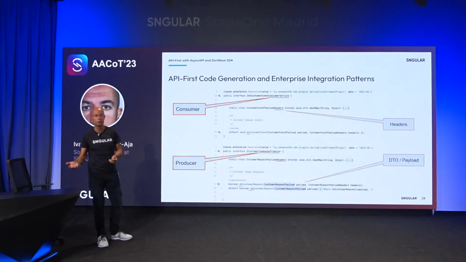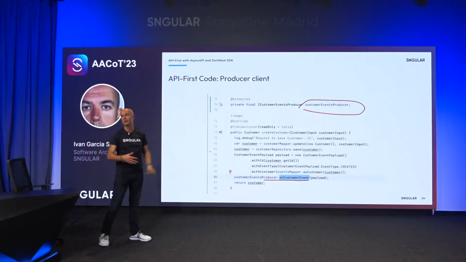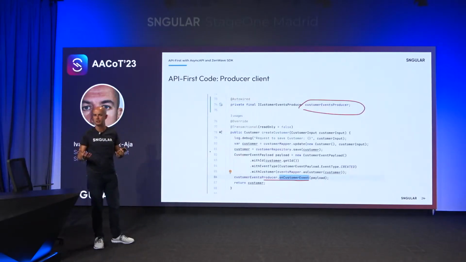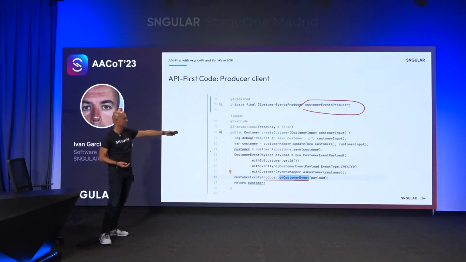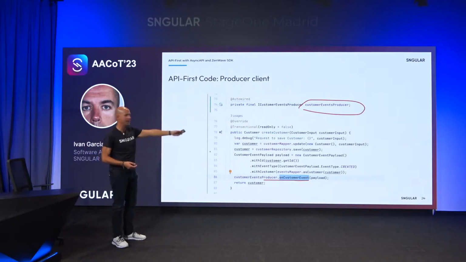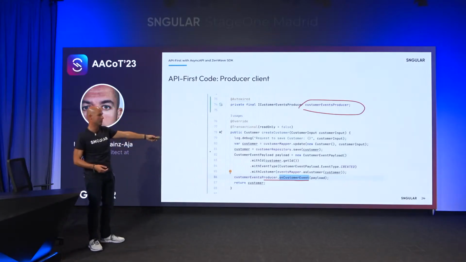So how should you use it? For the producer, you will get an implementation. So if you configure a Spring Boot context, you can auto-wire this interface, and you can instantiate the event DTO, the message DTO, fill in some data, and use the event producer to send the event.